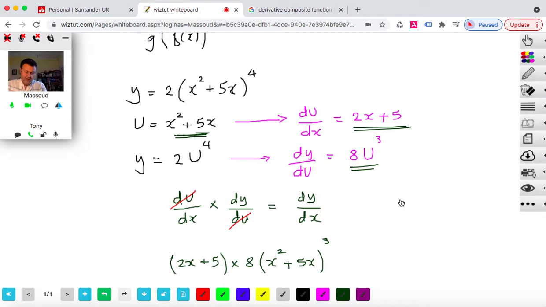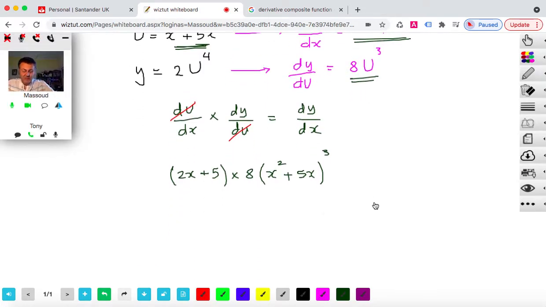So really, nicely, if I wanted to write everything in the way that we expect to see it, with numbers in the front of the expression, dy/dx would be equal to 8(2x plus 5), which is the differential of the content, multiplied by the content with one power less left.